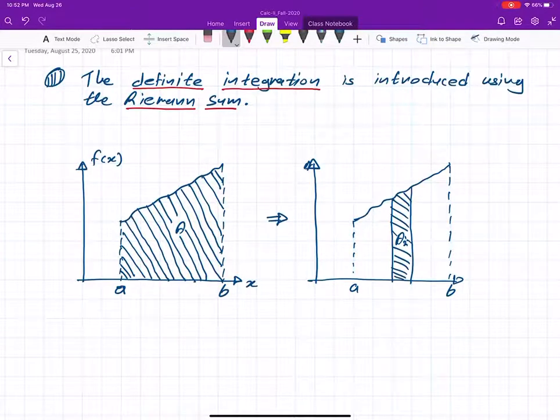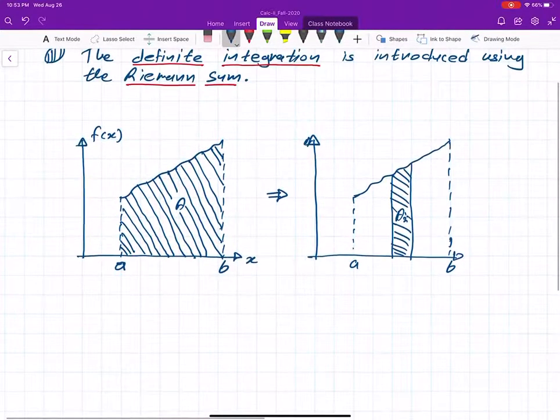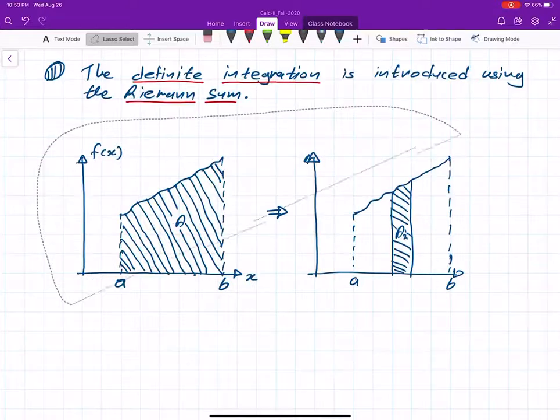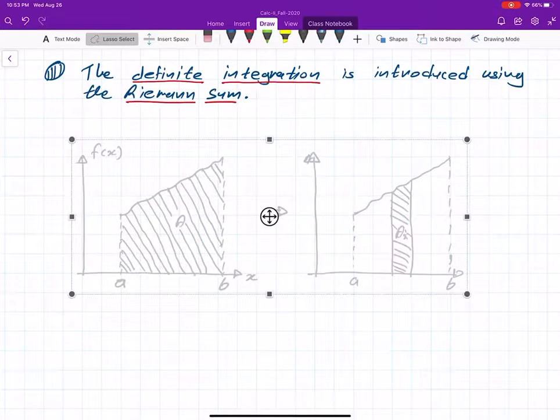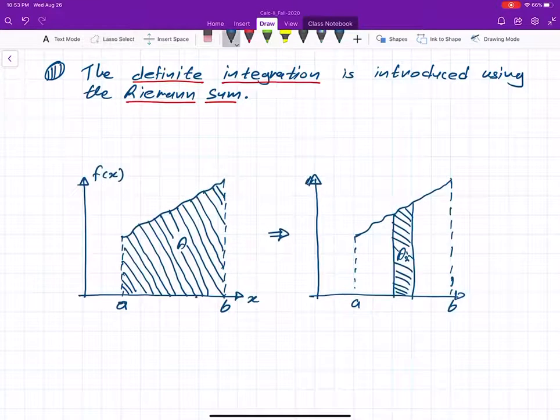I make plenty of such stripes. I take a scissor and cut vertically. So I get this, like in the previous example where you cut a piece of paper. This is the approach of Riemann sum. Let me introduce the Riemann sum here. This is the motivation for Riemann sum.